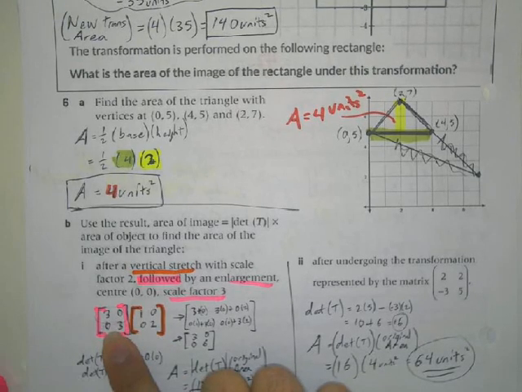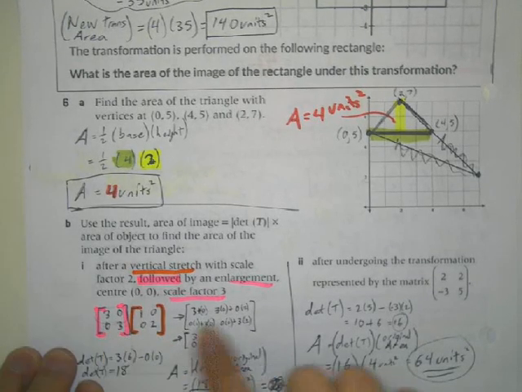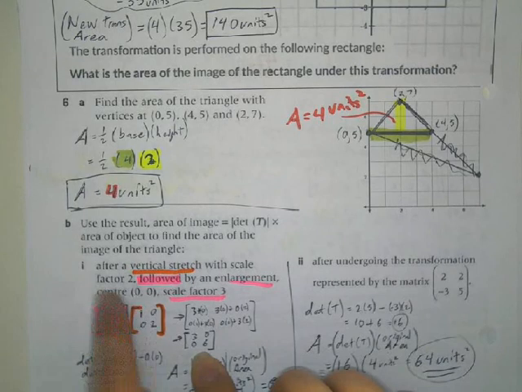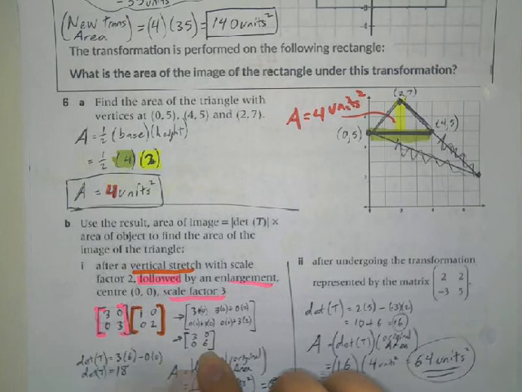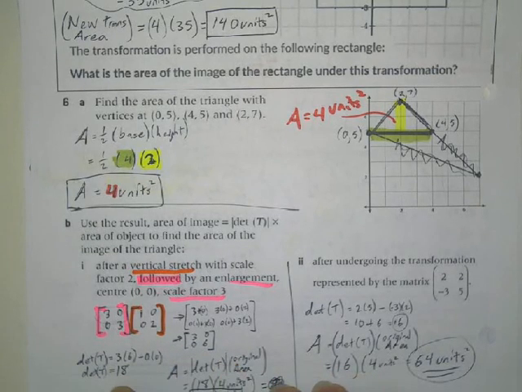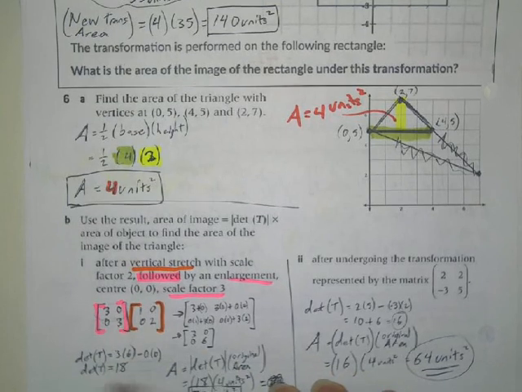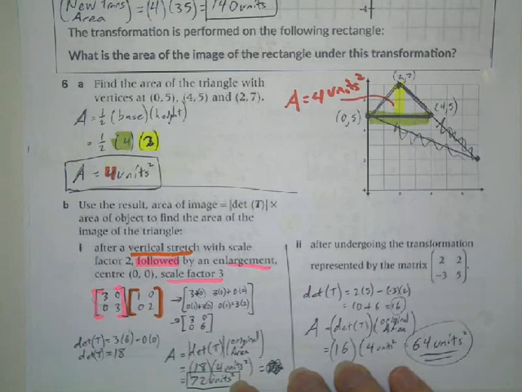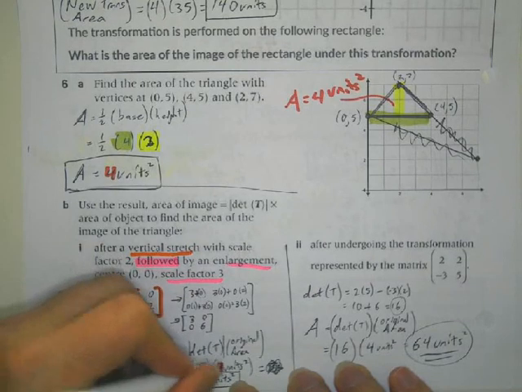Okay, so I do my matrix multiplication, and the overall transformation gets me 3, 0, 0, 6. If I get the determinant of that, I get 18. And so 18 times my original area of 4 is going to give me our new area, which is 72.